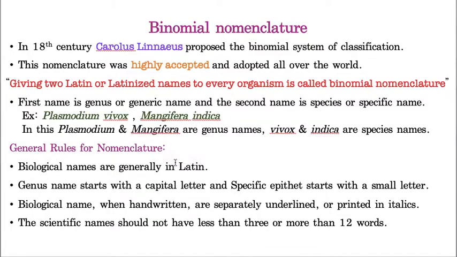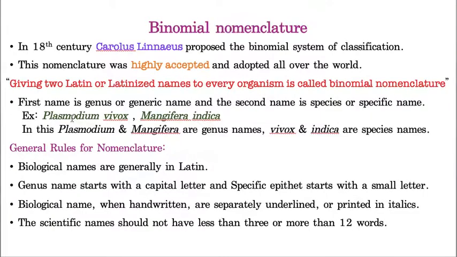The next rule is, when you are writing binomial nomenclature by hand, that means handwritten names, they must be underlined separately. For example, here I typed it, so I did not underline it.